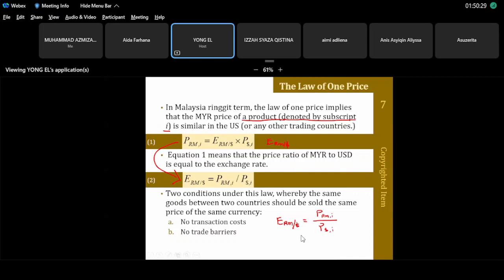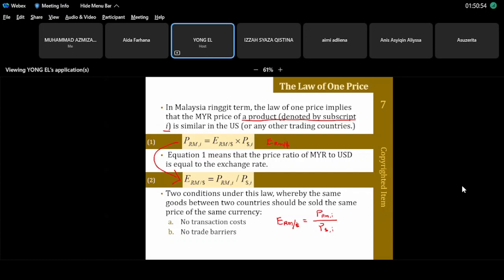What is very interesting about this equation is that we can expand the concept of the law of one price by considering not just one product, but a basket of commodities. Just now, at the beginning of the lecture, I defined the commodity basket.